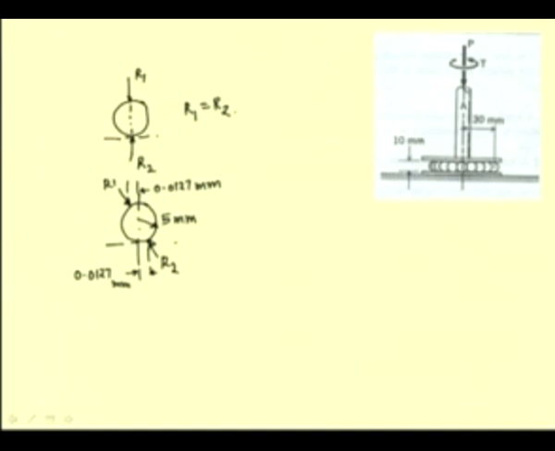And if we draw the free body diagram for the top portion, this is R1, we have P, the applied torque T, and this R acts at a distance of 30 mm.